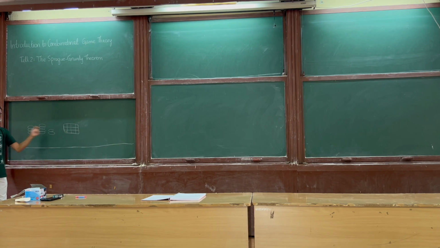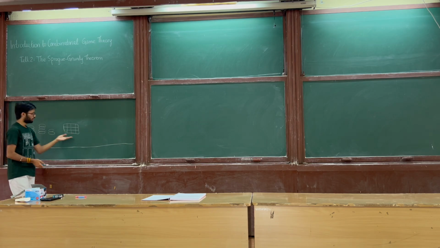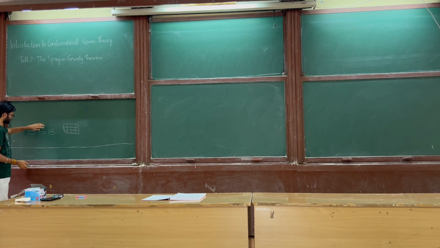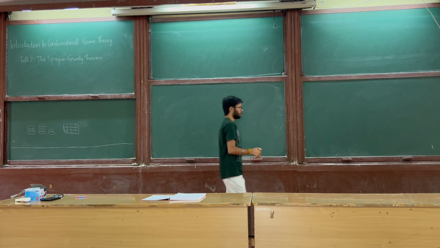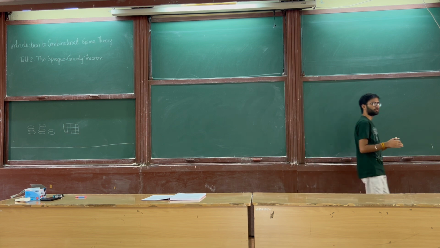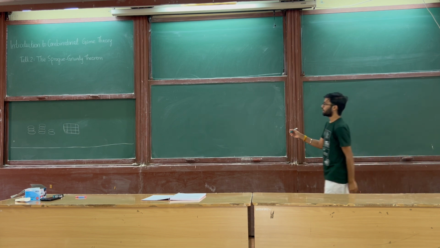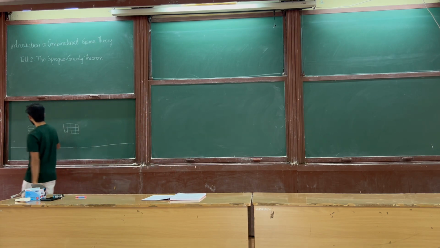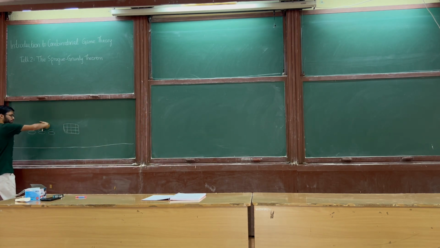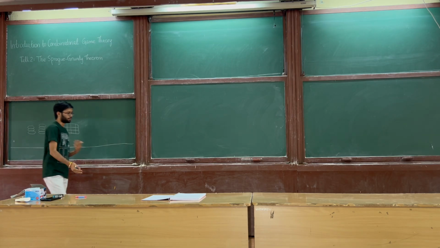Well, I will call both of these just games, and then a move like removing 2 points here or cutting some squares here, we'll regard as rules that dictate how to go from one game to another game. So this is a game, and if I move, this is another game.